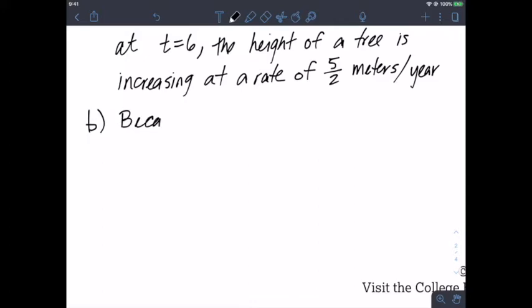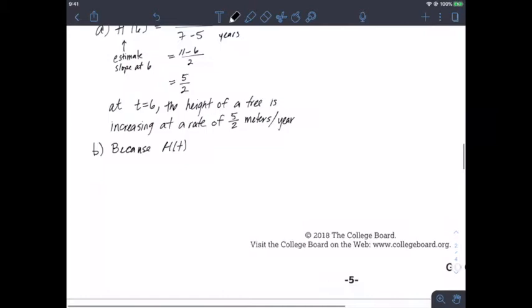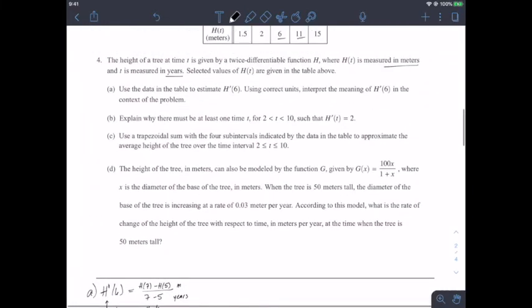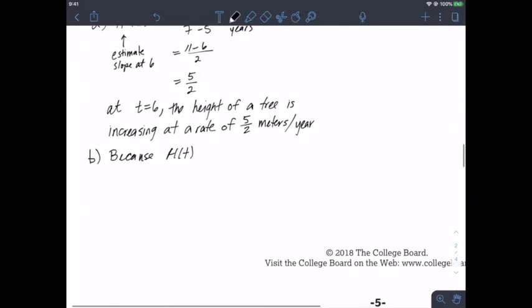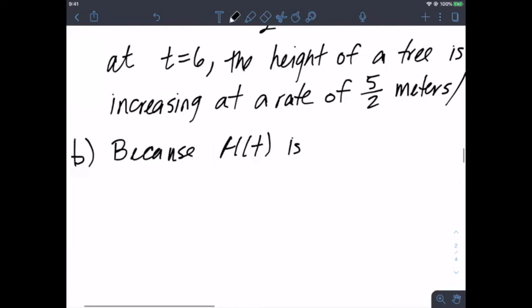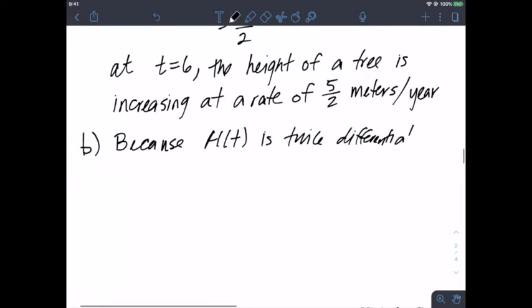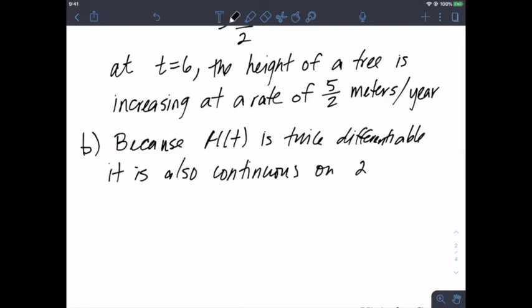So I would start by saying because h of t, and let's see, does it say anything about it being continuous? It does say it's twice differentiable. So because h is twice differentiable, it is also continuous on 2 to 10.